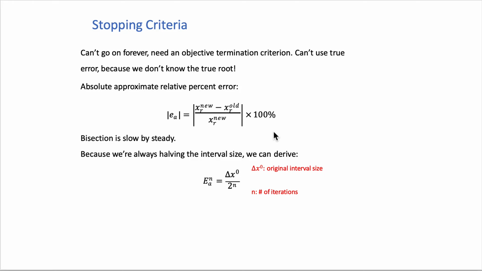So this is telling us the difference between the new iteration and the old iteration divided by the new iteration, which is assumed to be more correct. Roughly speaking, this error decreases as a function of the iterations. The n here means iterations, and the error decreases as a factor of 1 over 2 to the n.